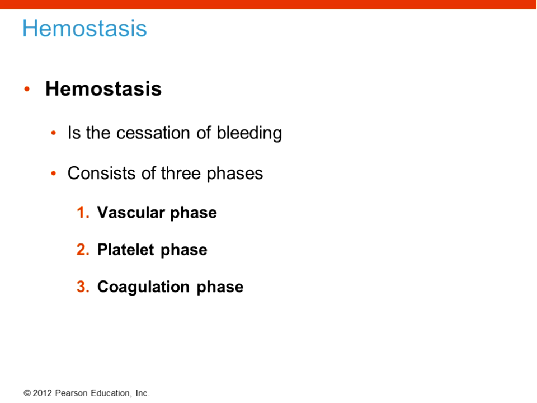So first we have the vascular phase, and when you see vascular, what probably comes to mind for you is blood vessels. So the vascular phase is going to be the activities that are happening with or directly connected to the blood vessels. Platelet phase is kind of intuitive, that we know that the platelets are going to be doing something or secreting something or having some sort of direct role in this phase.